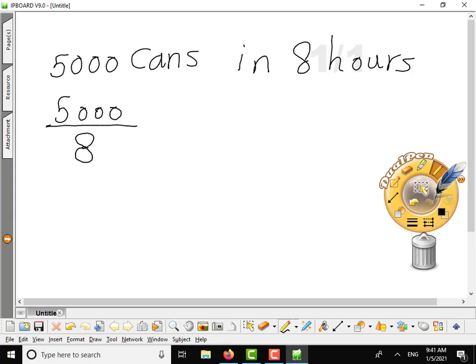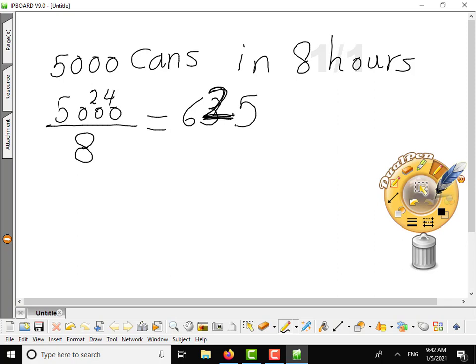Okay, and we get 50 divided by 8 equals 6. 6 times 8 equals 48, and the remainder is 2. 20 divided by 8 is 2, because 2 times 8 equals 16, and the remainder is 4. 40 divided by 8 equals 5.